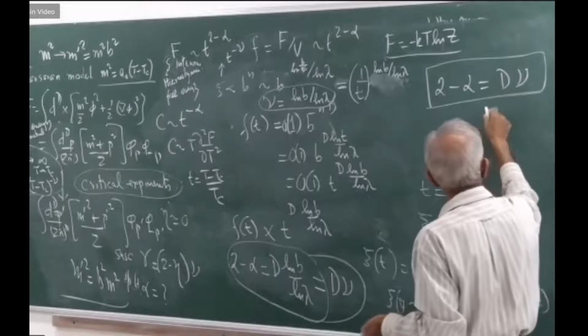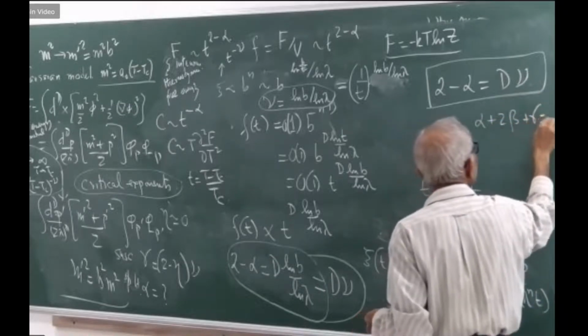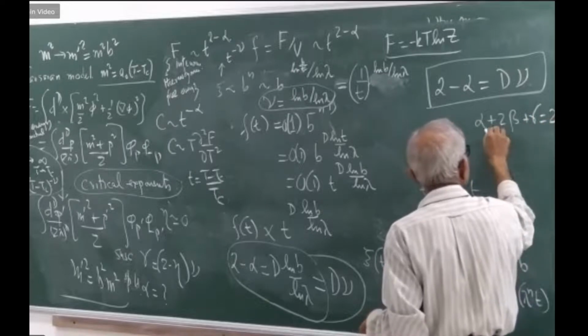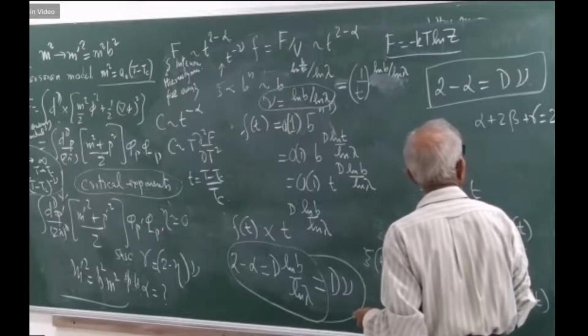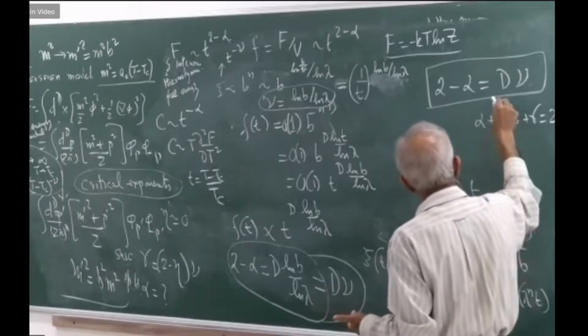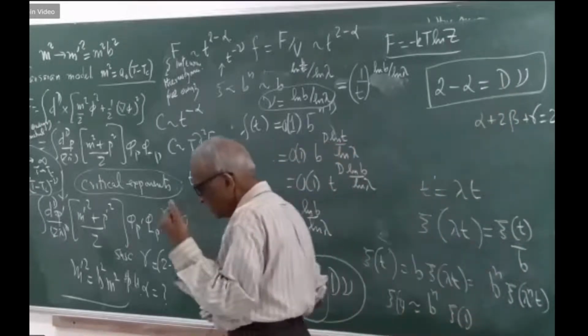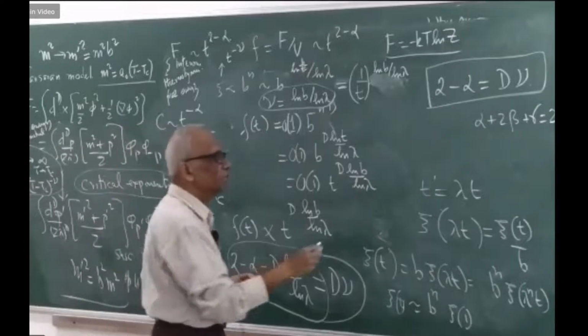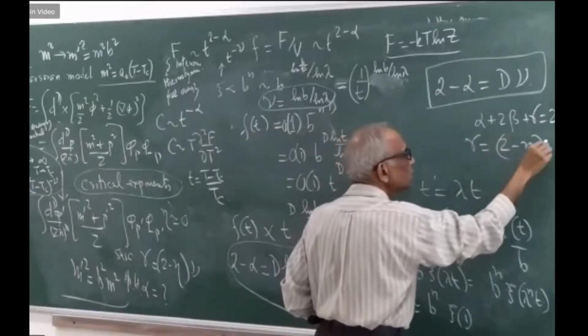We had done alpha plus 2 beta plus gamma equal to 2 and a couple of other relations of this kind, and gamma equal to 2 minus eta times nu.